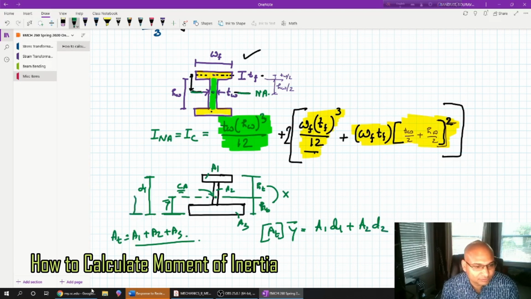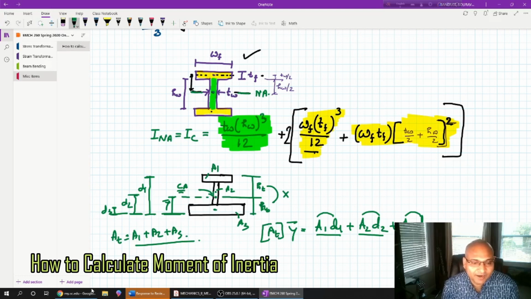If you see, this is the center of A2, so this is D2, and this A3 D3, which is from the same axis. The CG of this is somewhere here, so this is D3.